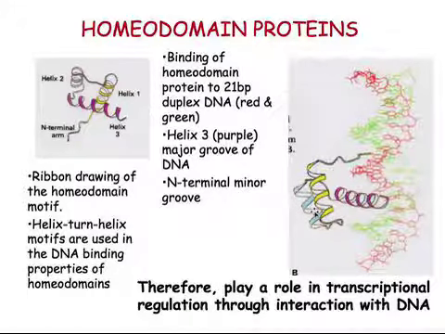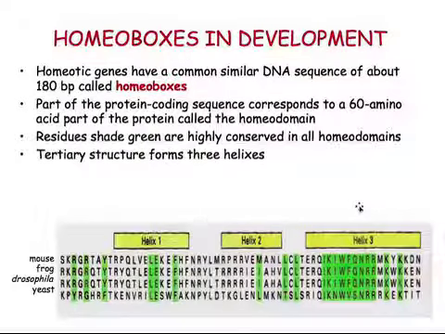And this is just showing how the DNA binding region of the homeodomain binds to the DNA. So this is an important motif domain for binding DNA. So it's clearly a transcription factor that's been well characterized.